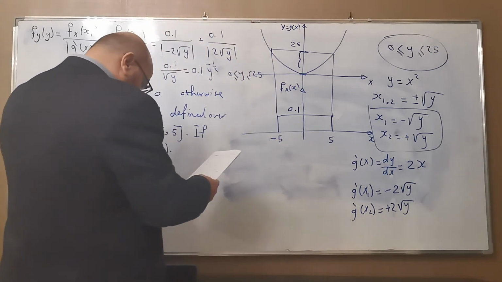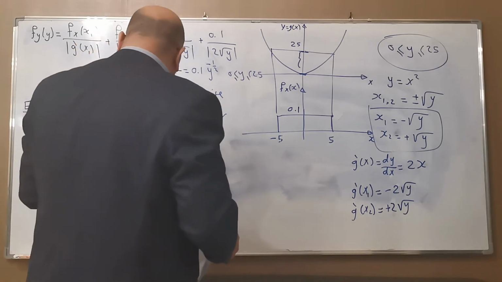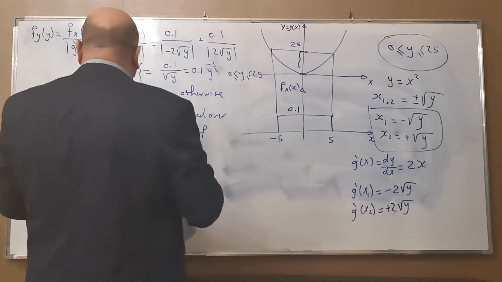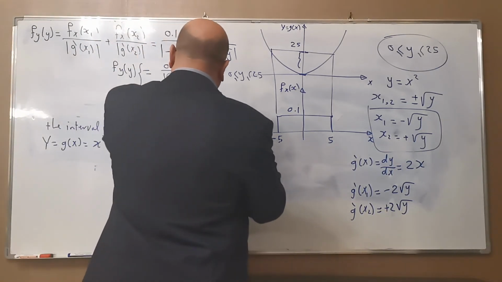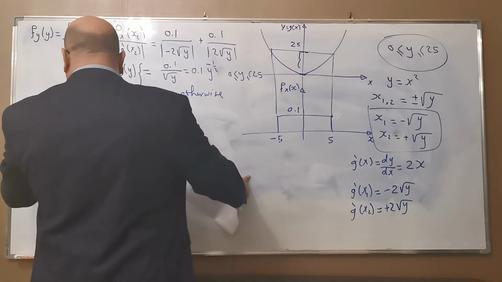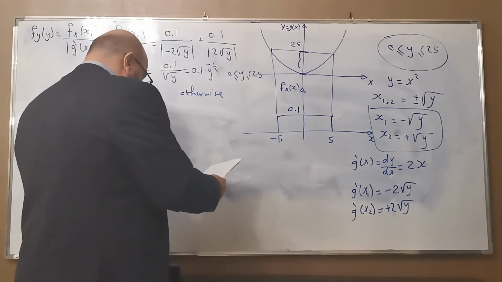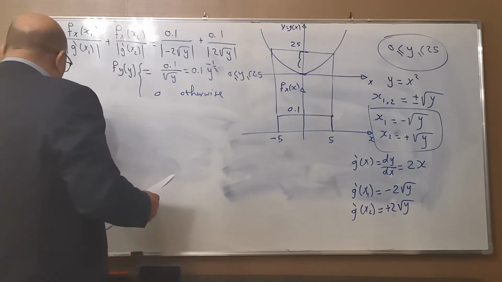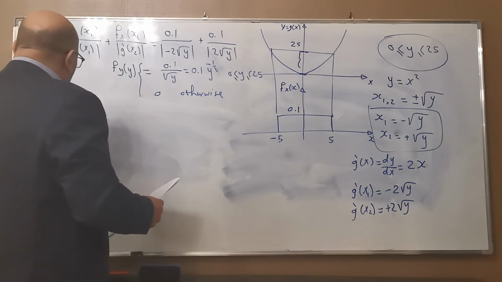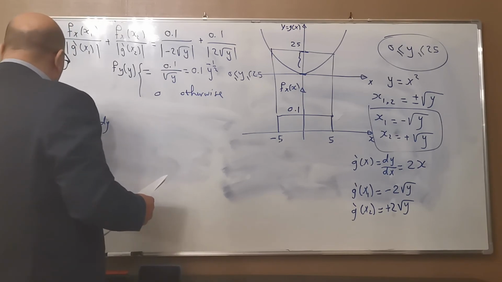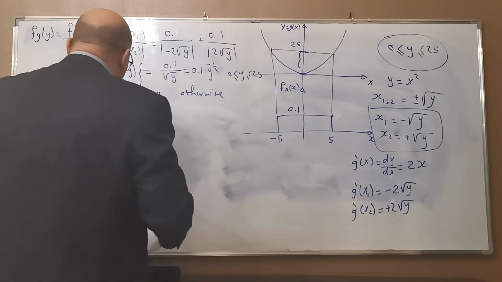Just to check your solution, we can find the area under the curve of the new PDF. If you apply the integral of fY of y dy from minus infinity to infinity, this should equal 1.